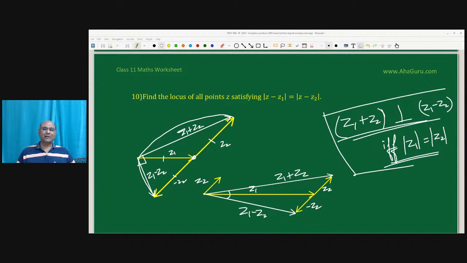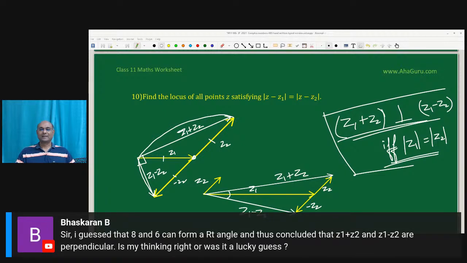Shyam, the longer method I don't want to do. Yeah, you can just do it as x plus iy, substitute and do it. It's a long method. You will get it, but it's little long. See, 8 and 6 form a right angle triangle.